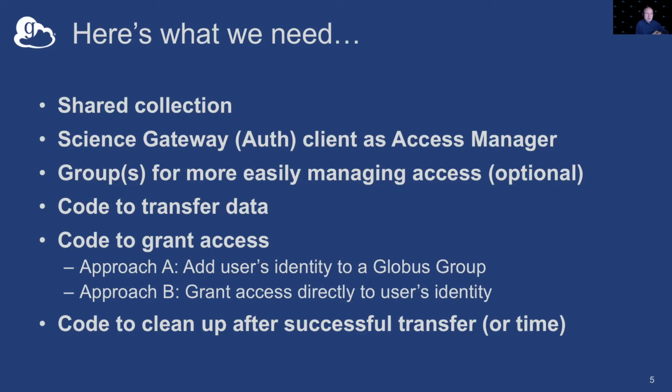Sometimes the rule that people apply is, if at least one successful transfer has occurred, they assume that the data is good to go. That can be dangerous. Usually there's some human to and fro about that, but sometimes they'll say this is available for the next week or 2 weeks, and at that point they just revoke those permissions to that shared collection, that guest collection, and then typically wipe it, so the next data run can put its data there. So those are the various bits.